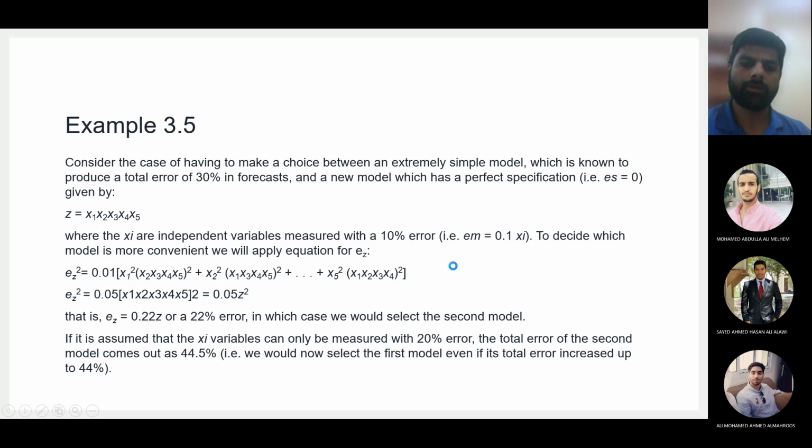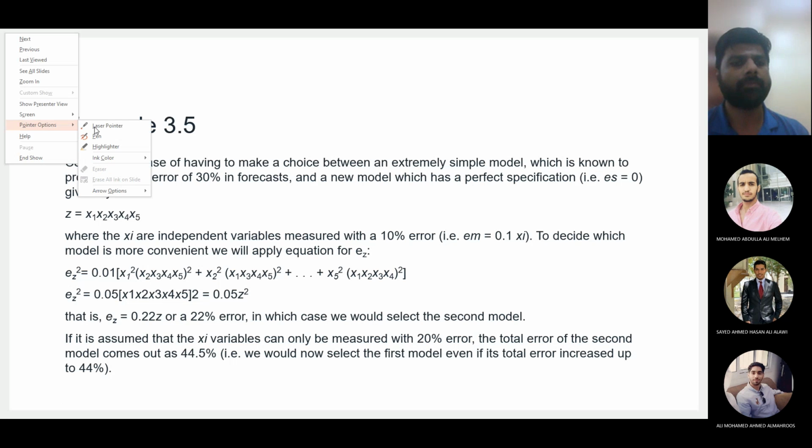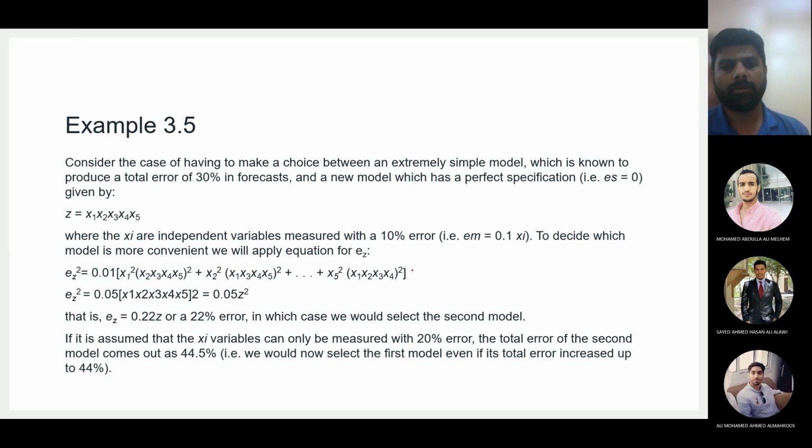If you want, I can write it here. So 0.01 remains outside, and then you have 5 times x1 square, x2 square, x3 square, x4 square, and x5 square.